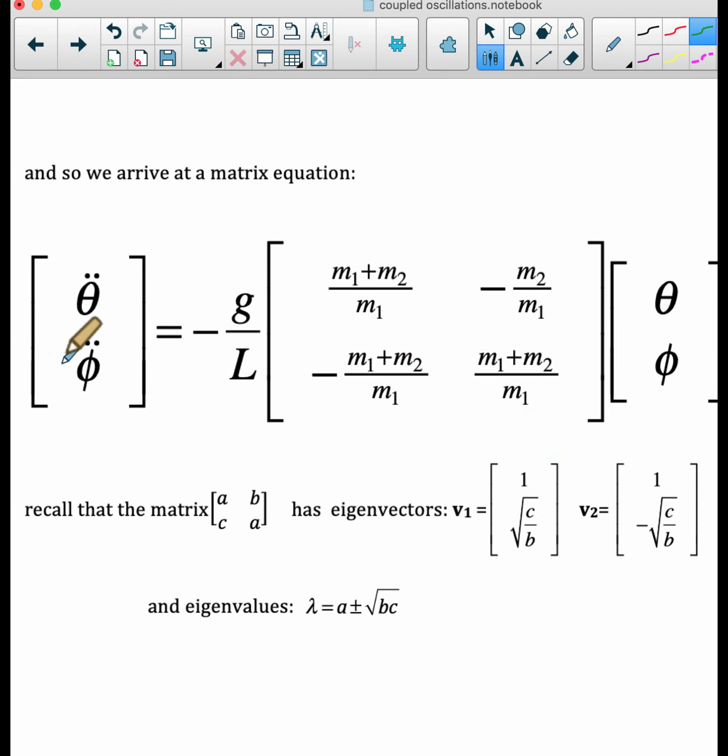All right, so now if we look at this equation, we see again we've got symmetry on the main diagonal, and then two different off-diagonal terms. We had previously shown that a 2 by 2 matrix of this form has these two eigenvectors and these two corresponding eigenvalues. So once we've got the differential equation in the form of this matrix, we have the answer.